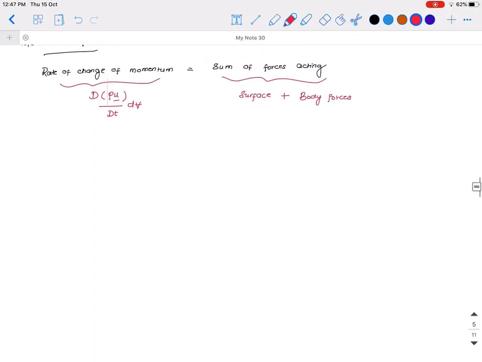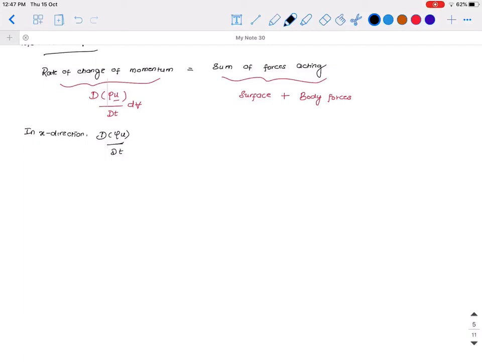Okay, so in x direction the rate of change of momentum can be written as d of rho u by dt. I'm just leaving the multiplication by volume for simplicity.